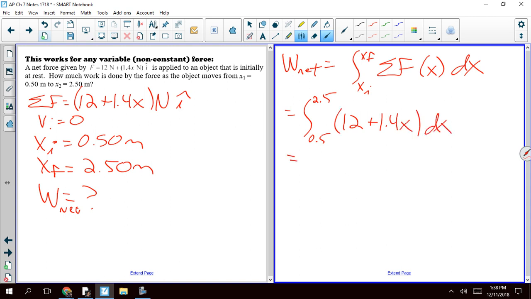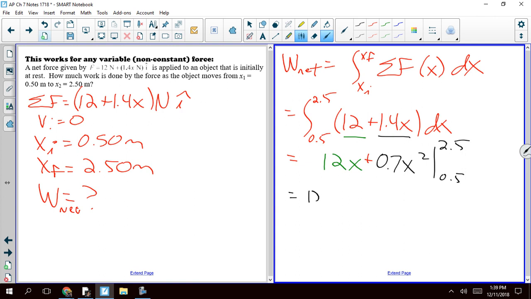Now we integrate that. The integral of 12 is 12x, plus the integral of 1.4x. Well, we need x squared, so bring down the 2. What times 2 is 1.4? 0.7. And then you want to evaluate it at 0.5 and 2.5.